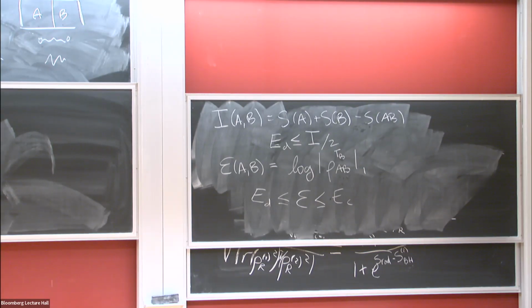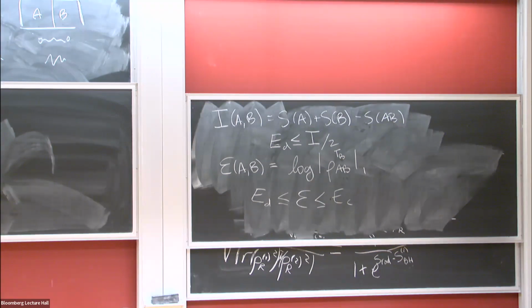So we just have to take some linear combination of them. And what can actually be done is they compute the full spectrum of the reduced density matrix. And by computing the full spectrum, then they can just evaluate this mutual information. So what you get is a plot like this.